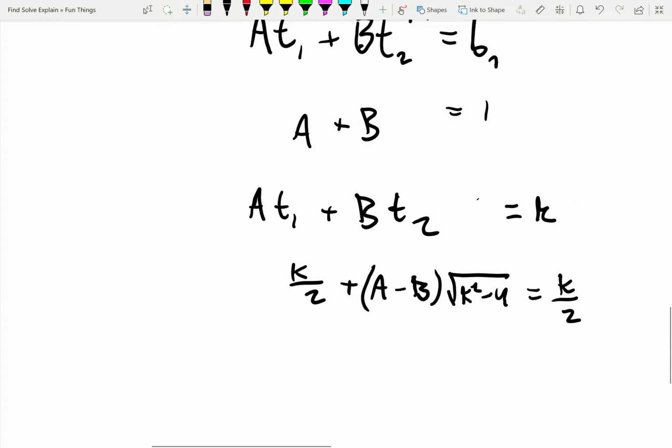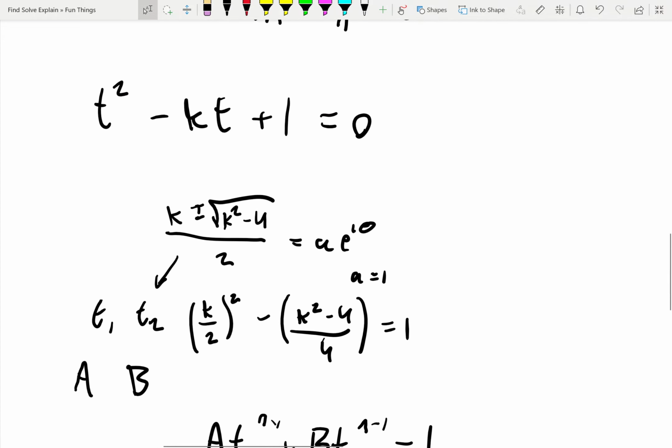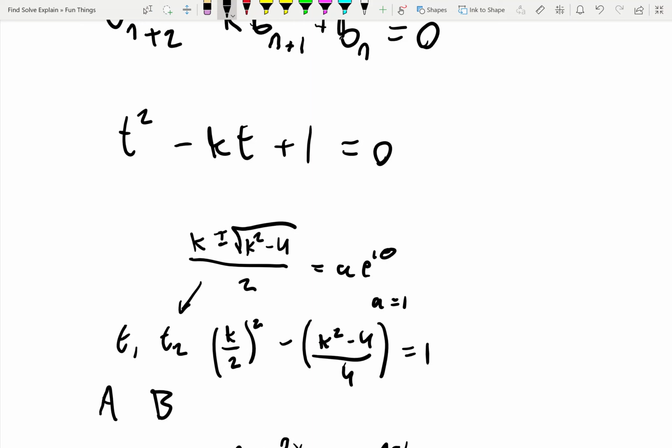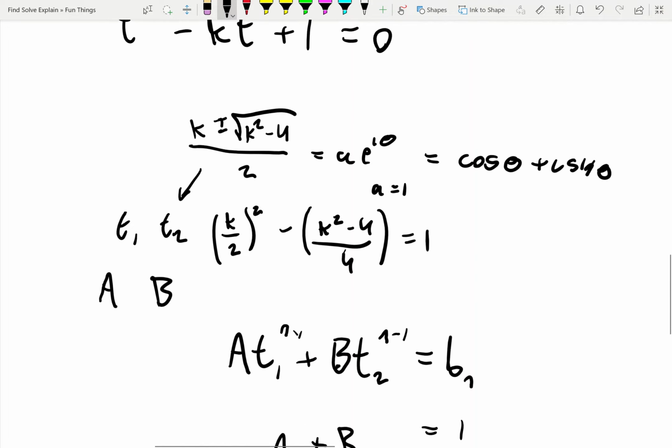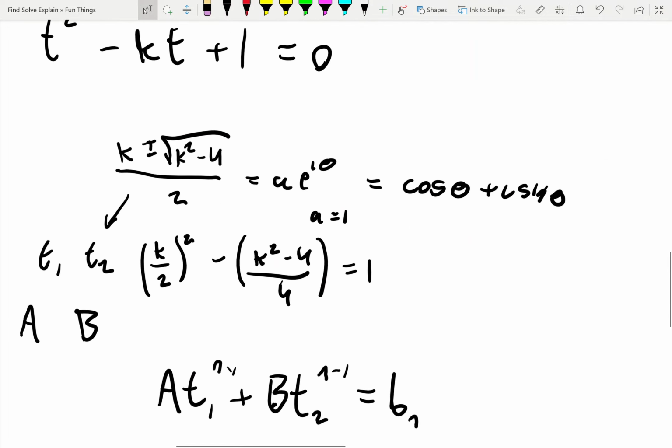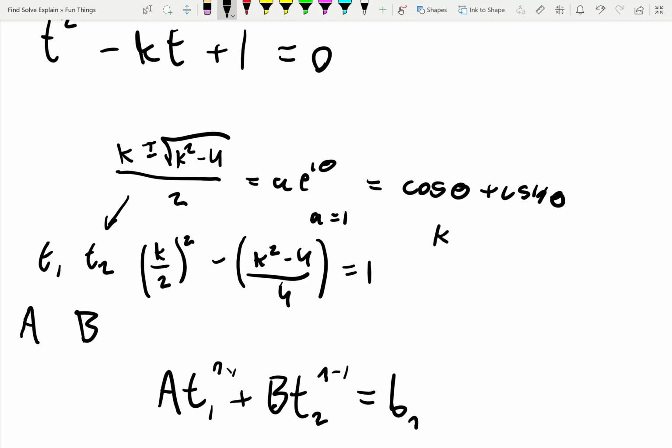And when you use the fact that this is a complex number and can be written in the form e to the i theta, which is also equal to cos theta plus i sine theta, it becomes fairly obvious that k over 2 is equal to cos theta, as this is the real part, and the square root of this would be just for the positive. For the negative, you replace the plus with a minus.